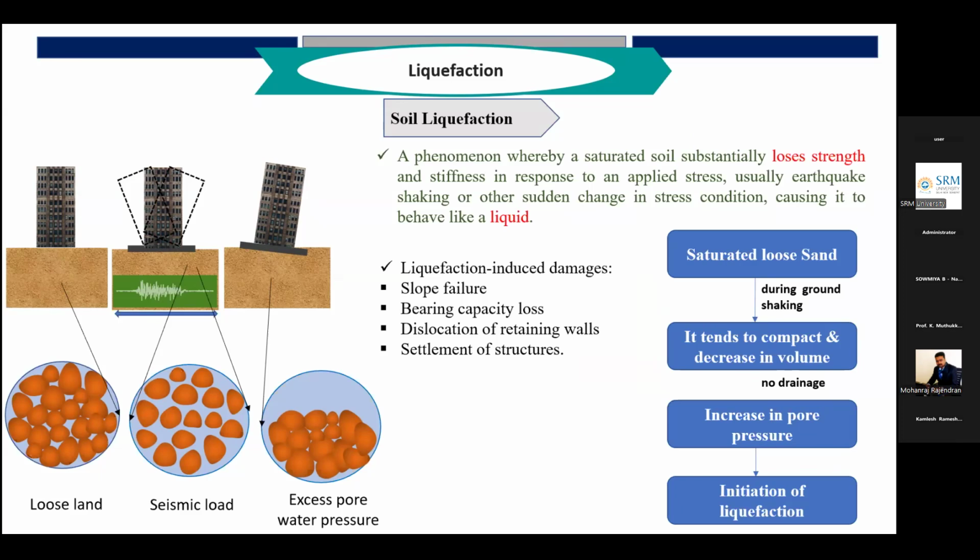Your voice is not audible, please louder. How many have registered? How many are doing PhD in earthquake geotechnical engineering?